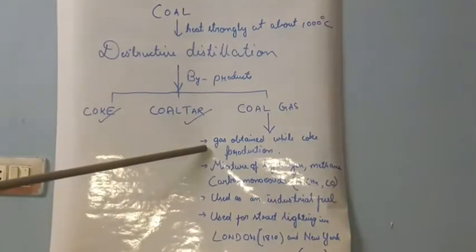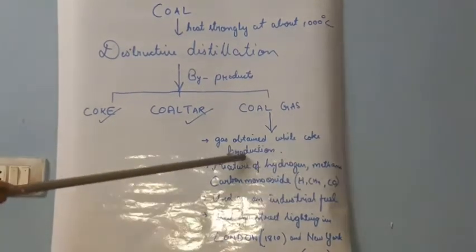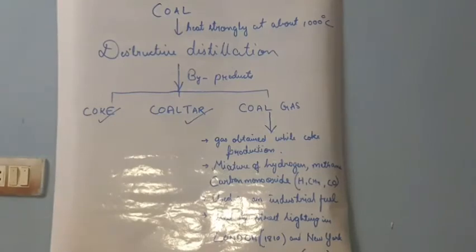So what is a coal gas? The coal gas is the gas obtained while the coke production. Means you may remember the diagram which we have seen in the last class of destructive distillation of coal. There we saw that when we heated coal using the boiling tube, we got coke. Yes, then we formed coal tar.